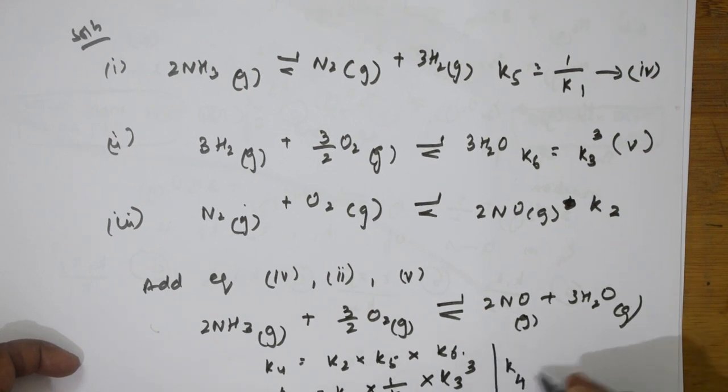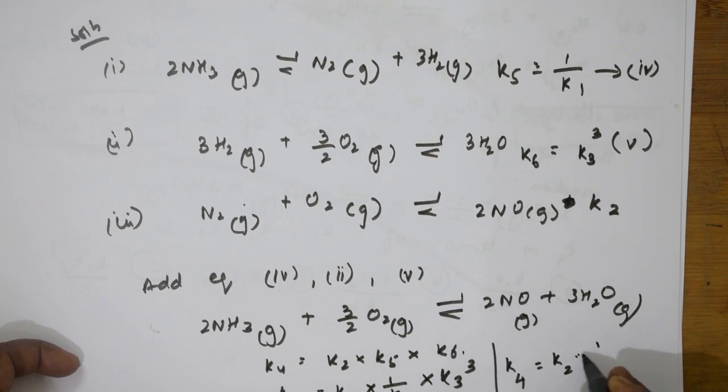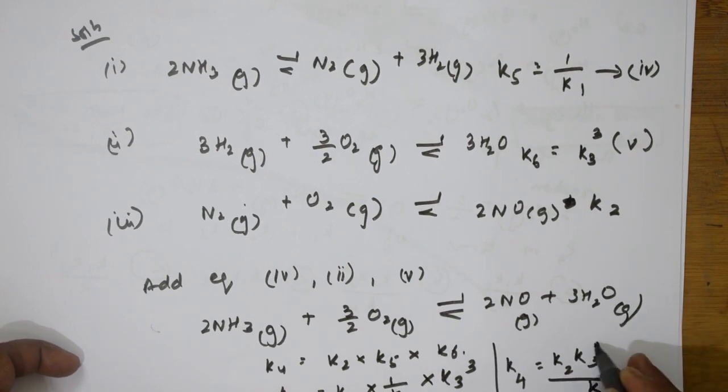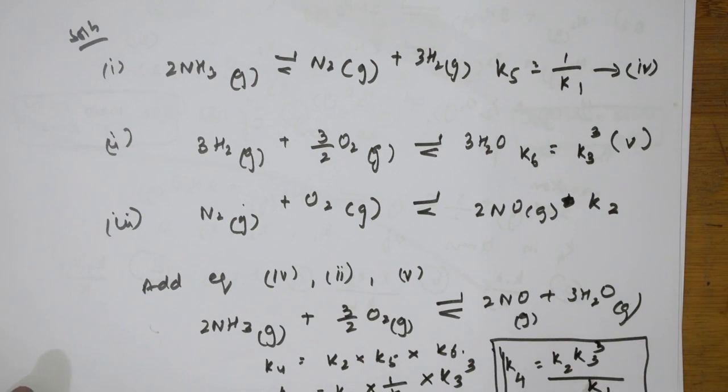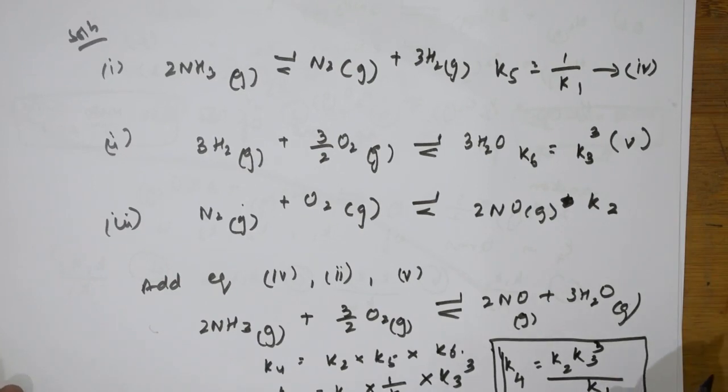K4 is equal to K2 into K3 cube divided by K1. So this is simple, isn't it? I just converted based on that. So for us here the answer is K2 into K3 cube divided by K1.